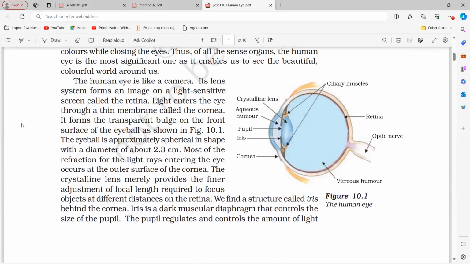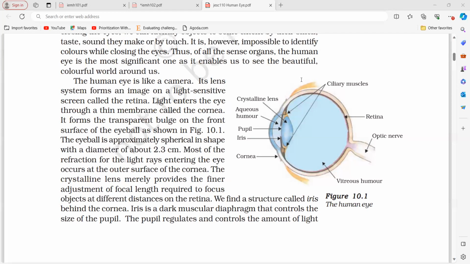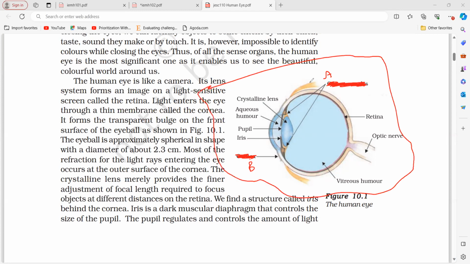Like if I erase this part and say this part is termed as A, what is A and what is its function? I can erase this one also and say this is part B. What is part B and what is its function? Similarly, so many questions can be made from this part. So you try to draw it once so that you get clarity.